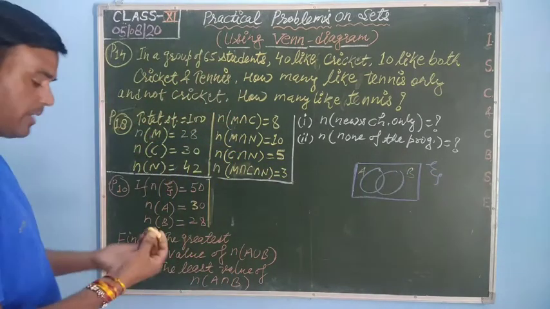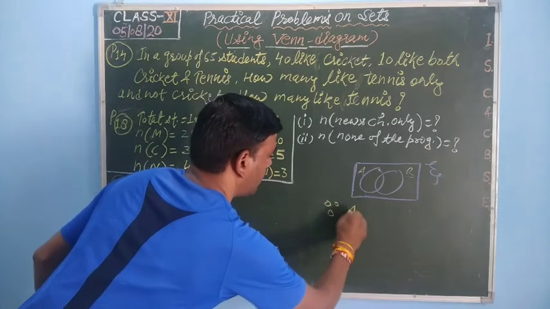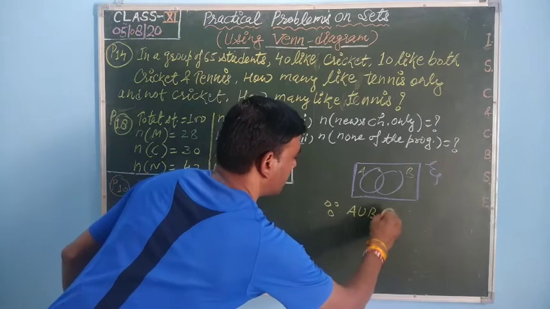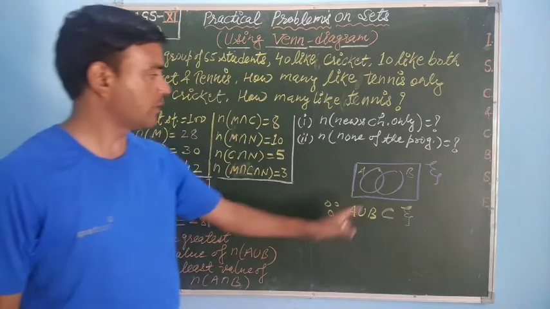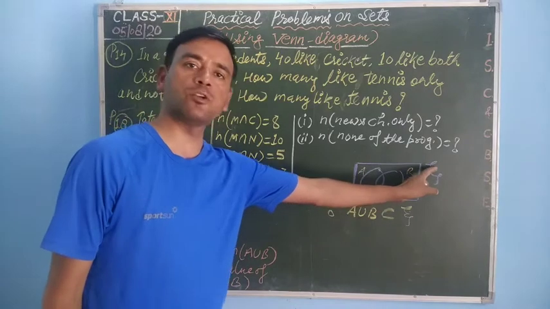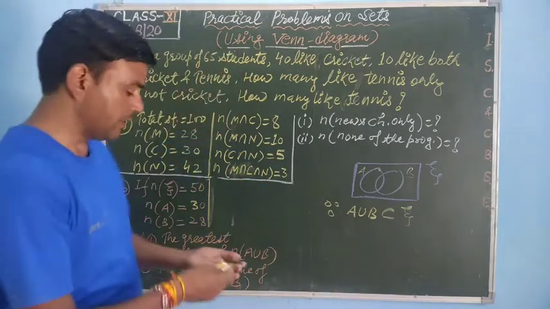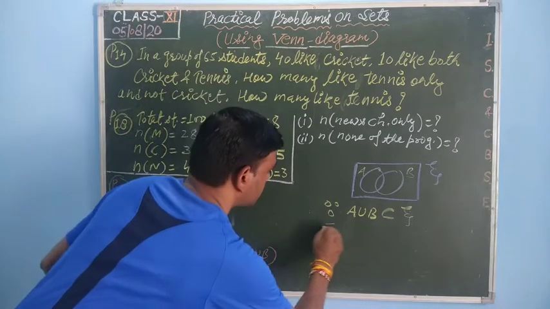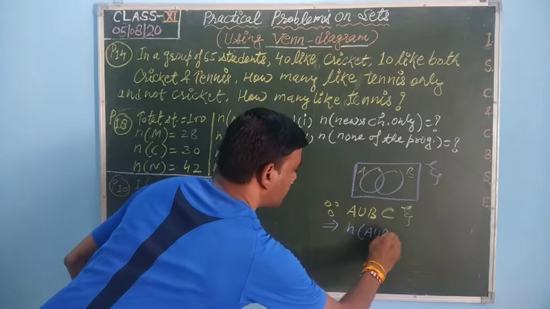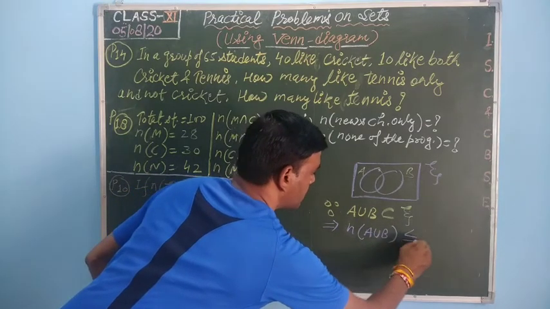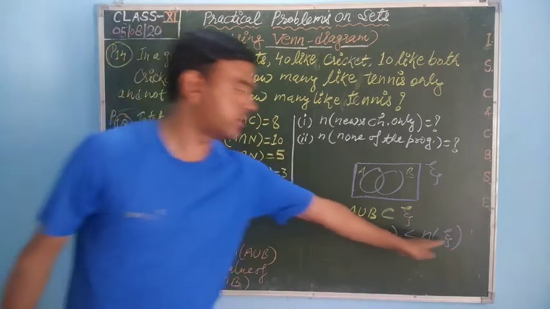Actually, we have a concept here: since A and B are subsets of the universal set, their union is also a subset of the universal set always, from this Venn diagram. This implies that the number of elements in A union B is always less than or equal to the number of elements in the universal set.